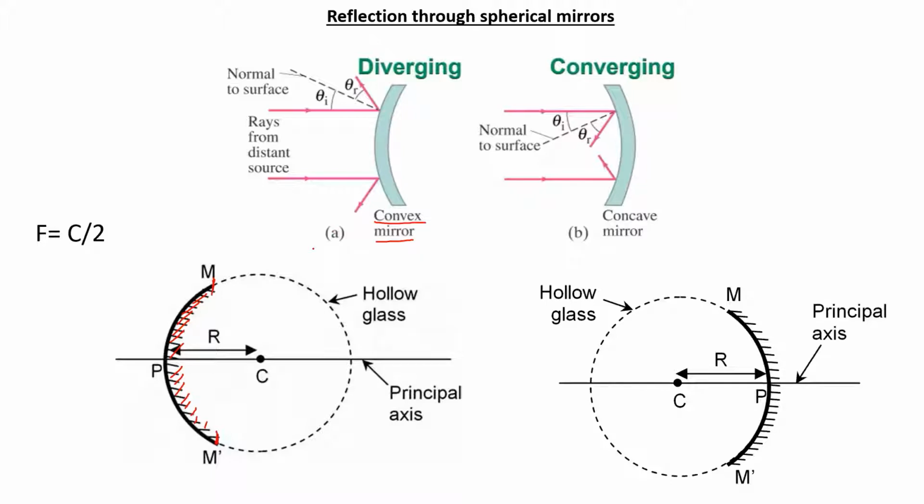Okay, so I want you to look at this, compare this convex mirror with the circular diagram and tell me where the center is. If I mark this, where will be the center of this mirror? Is it towards your right or left?